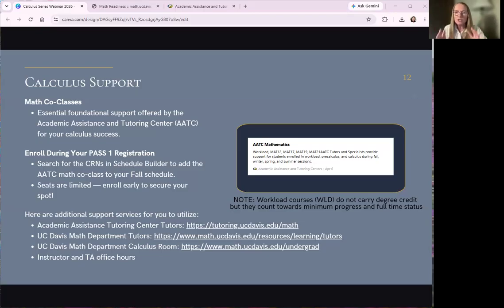When it comes to math and understanding math, I have a technique that has worked for every student that I have received feedback from. And that is this: read the textbook before you go to lecture. Go to lecture and take notes by hand, like paper and pencil.